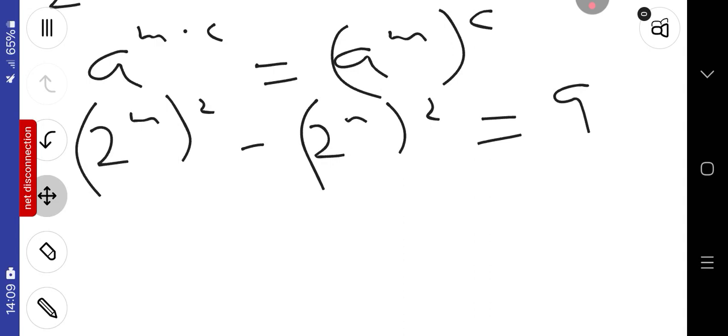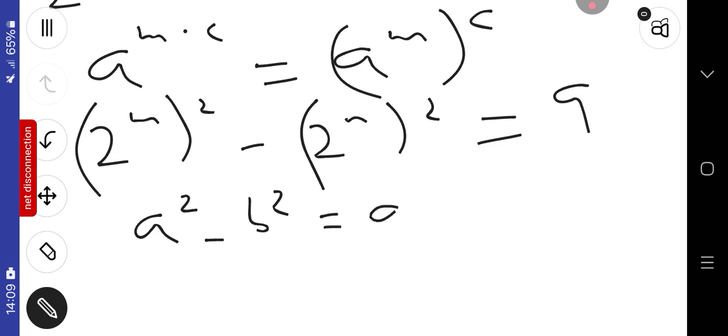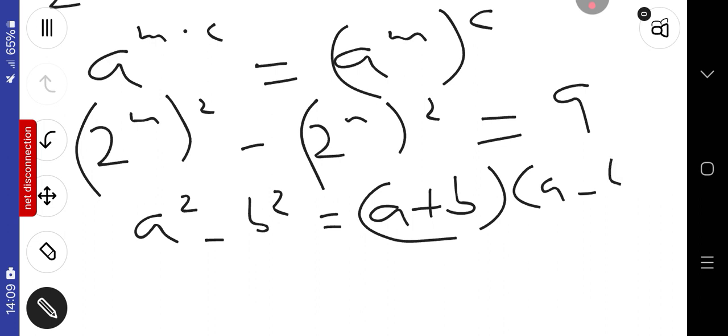Now here you can choose to represent 2 exponent m and 2 exponent n by alphabets and solve them, or you can decide to solve straightforward. I want to solve straightforward, so we can say that a squared minus b squared should give us a plus b times a minus b.